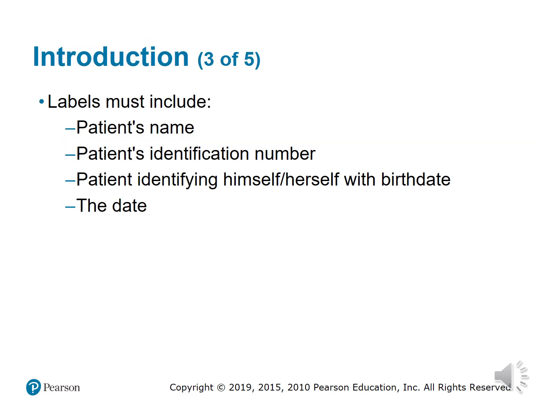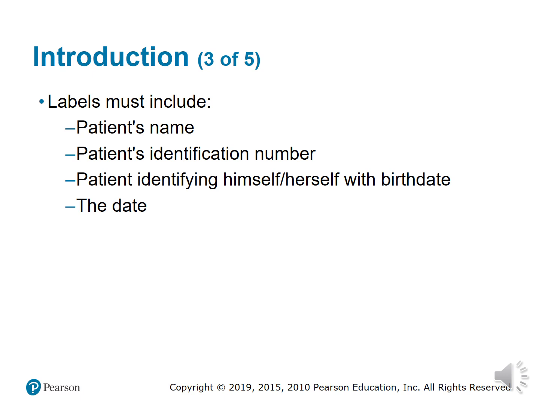So when we're labeling a urine sample, we have to make sure the patient's name is on there, and the patient identification number if you don't have a pre-printed label. If it's a pre-printed label, it'll have the patient's first and last name, the patient's identification, and date of birth, and then you have to put the time and date it was collected, and of course your initials, because you're the one who got it from the patient.